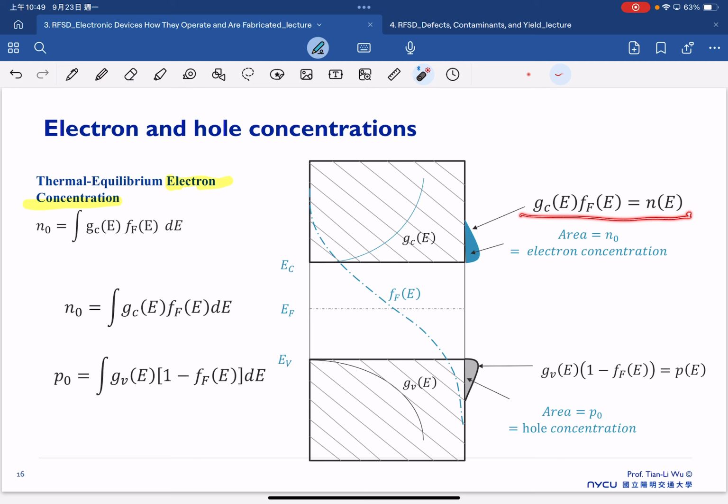On the other hand, the same approach also gives us the hole concentration.